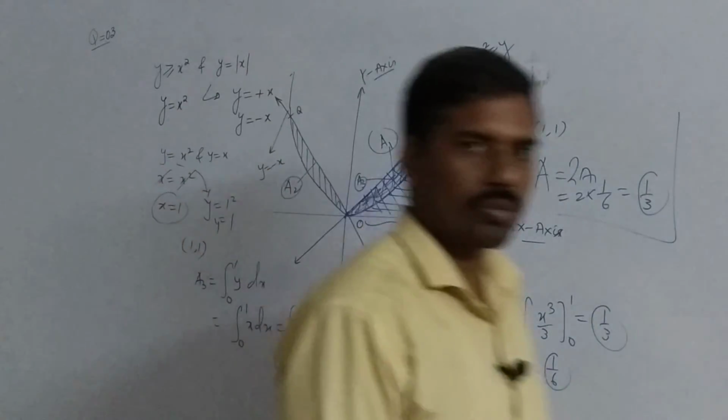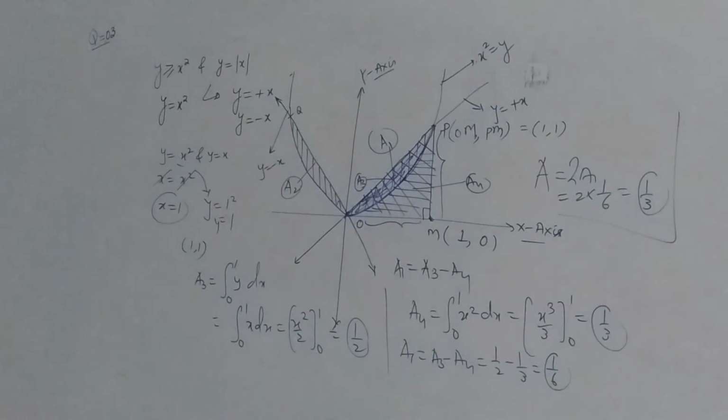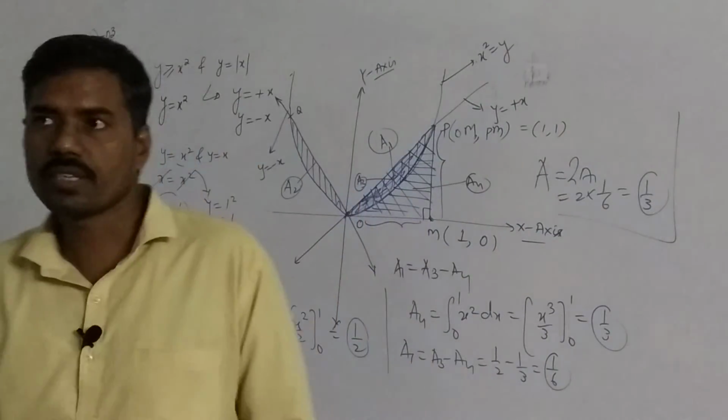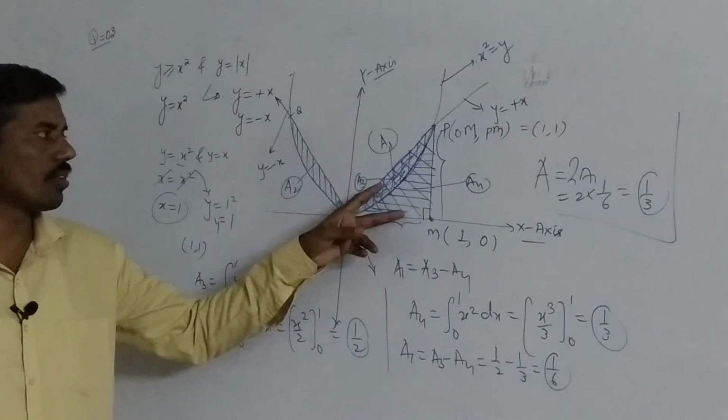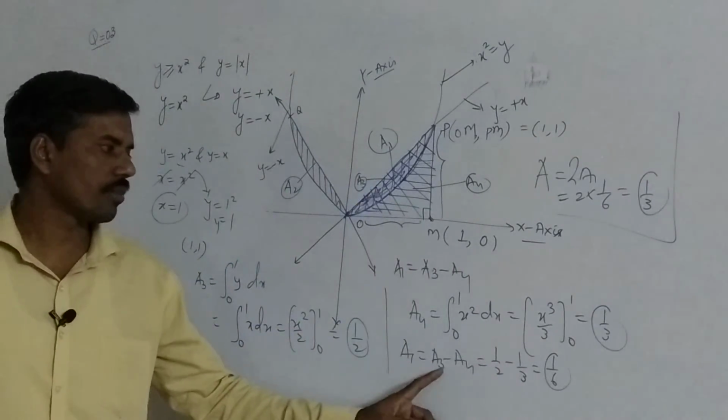Okay, so area 1 by 3 is the total area A. Correct? So A is twice of A1. How did we get A1? We subtracted A4 from A3, A3 minus A4.